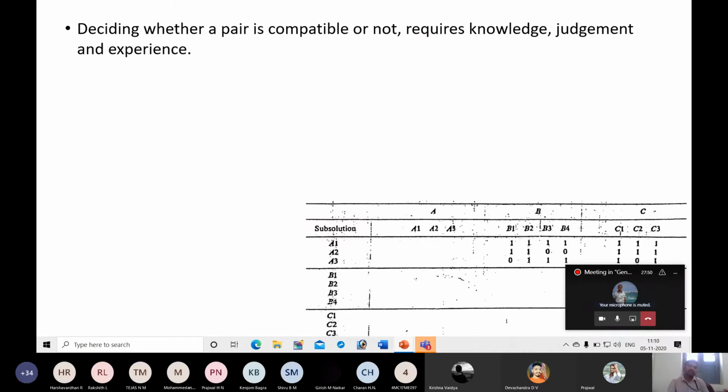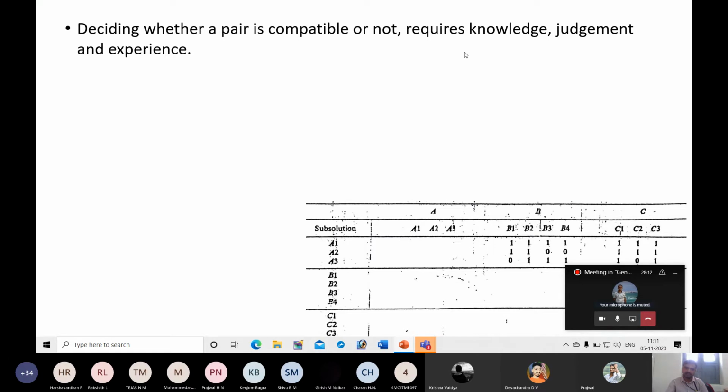Next, deciding whether a pair is compatible or not requires knowledge, judgment and experience. You have studied many subjects in the previous six semesters. You have to apply the knowledge gained through your engineering graduation.